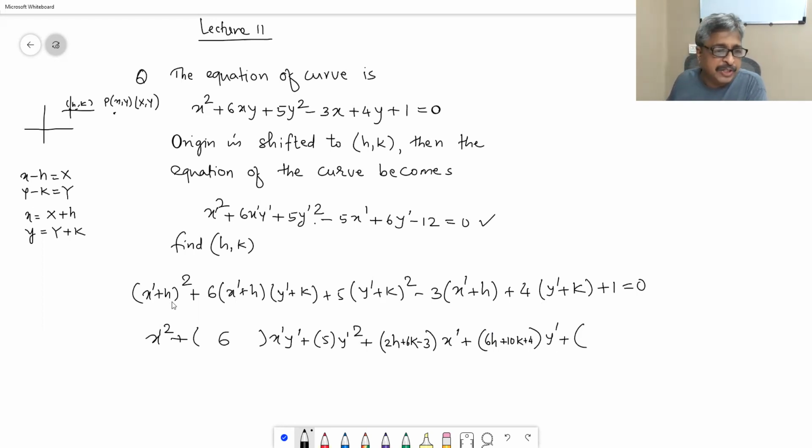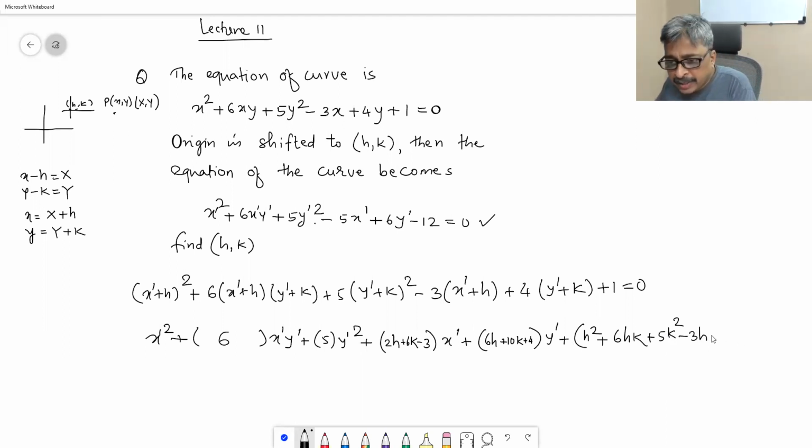Plus, what is the constant? H square. Here it will be 6hk. Here it will be 5k square. Here it will be minus 3h. Is that right?